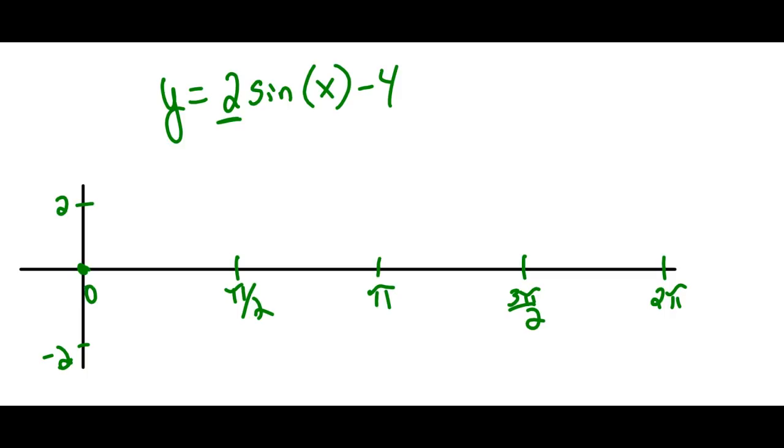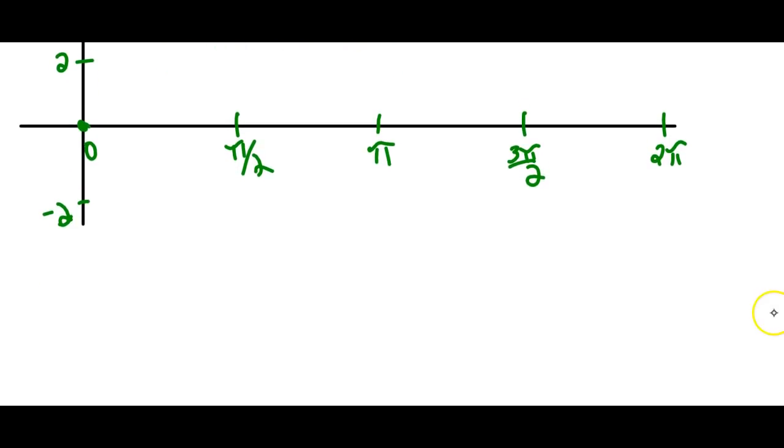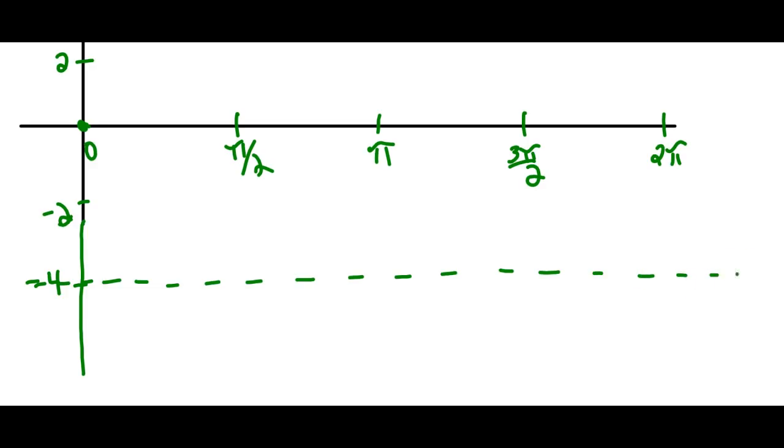And so when I shift everything down 4, let's do that. The 0 is now going to be at -4. So I just draw a dashed line in right here to say, hey, that's the horizontal part. And then where this +2 is, if you shift it down 4, it's going to be at -2. And where the -2 was, subtract 4 from that, it's going to be at -6.